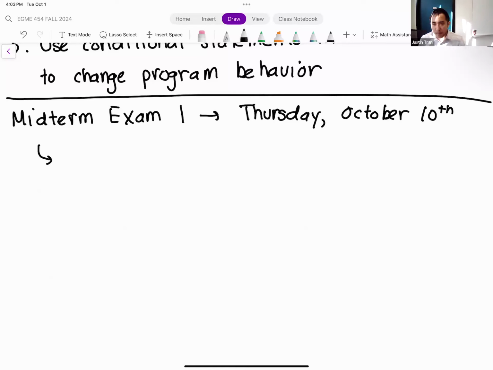On the exam, you'll see that there are two sections. If you've ever had me for a professor before, you're probably familiar with the format. For those of you who haven't taken an exam with me, there's one section which I call the short answer conceptual section.